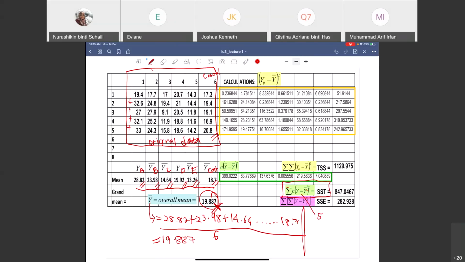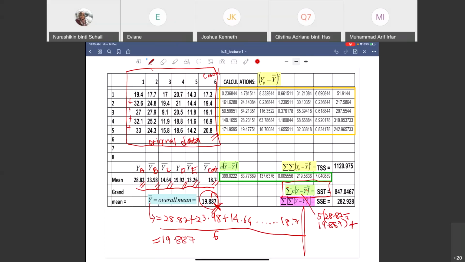Okay. You saw for SST, 5 multiplied by the y bar, which is 28.82 minus 19.887, right? This one is squared, plus, I hope you understand what I'm putting here.